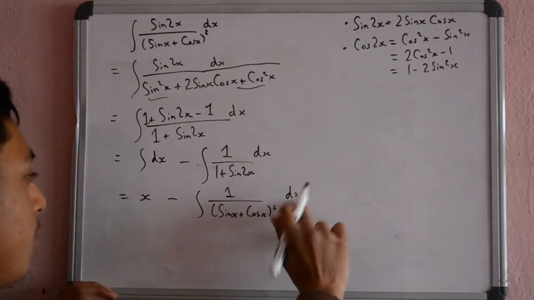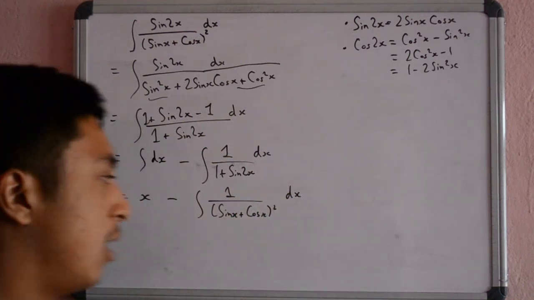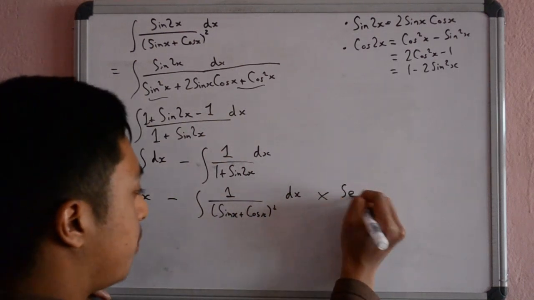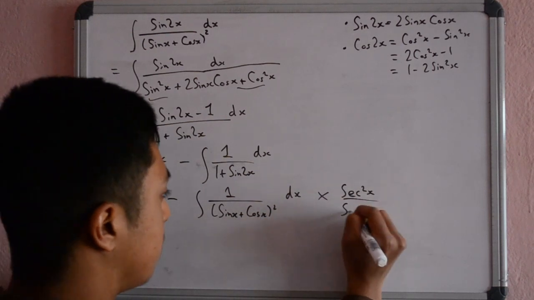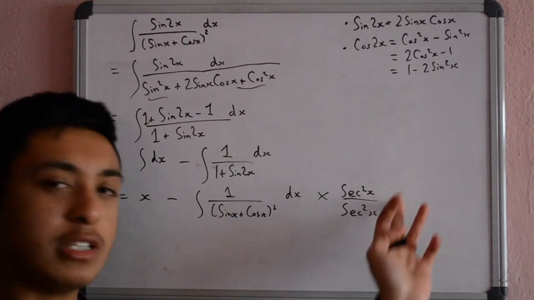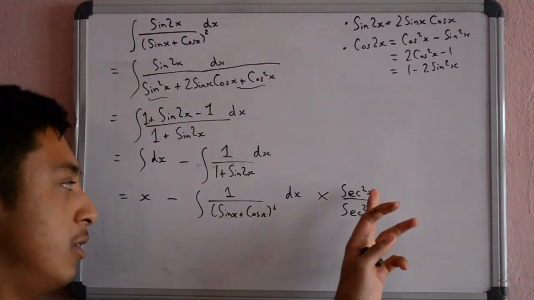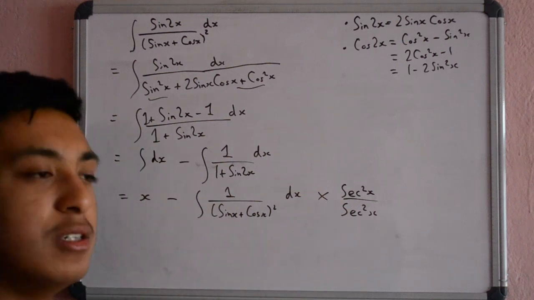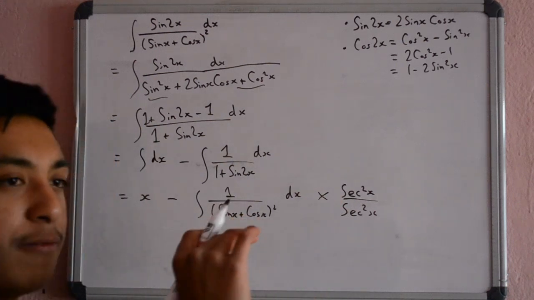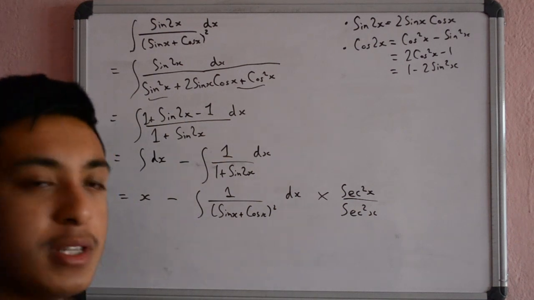So, what we're going to have to do for these types of integrals is multiply the numerator and denominator by sec square x. I know this might seem a very random thing to multiply with, but it kind of works out because here sec square x dx, well, if you have tangent, its derivative will just be sec square, right?